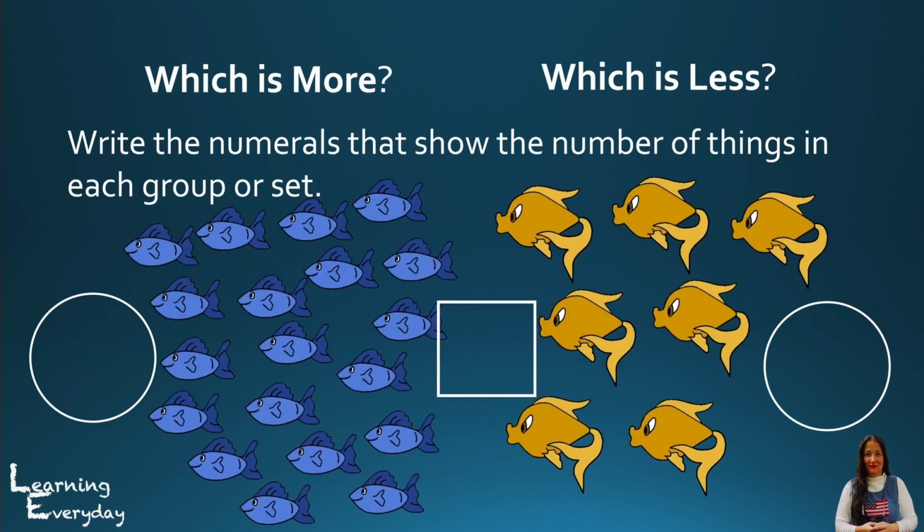How many fish on the left? 19. How many fish on the right? 7. 19 is greater than 7.